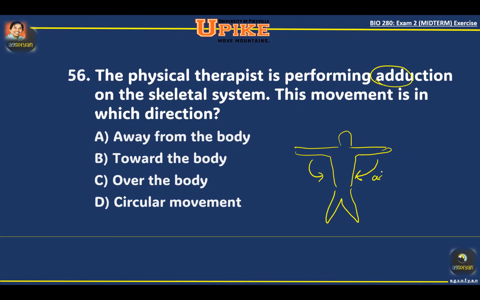So this is add. If it is going away from your body, it's called ab. So adduction is toward the body, abduction is away from the body. Look for the one that's toward the body.